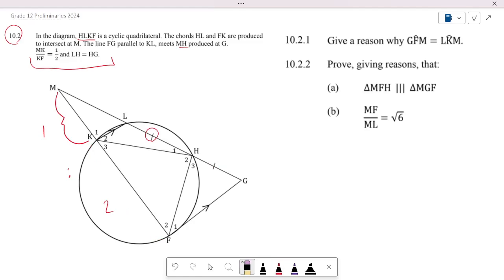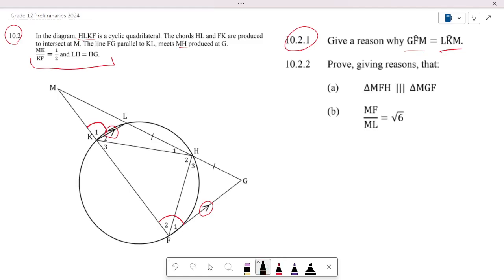Now let's start answering the questions here, right? Now, when we're starting to answer these questions, we're going to do the following. 10.2.1 says, give a reason why GFM is equal to LKM. So GFM is here, right? This is GFM, and LKM is here. Now we can clearly see that because these two lines are parallel, the corresponding angles need to be equal.